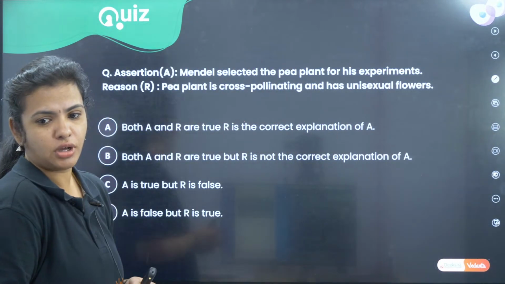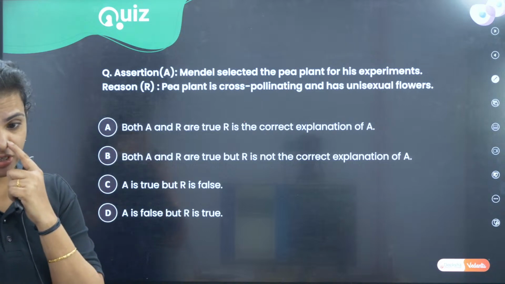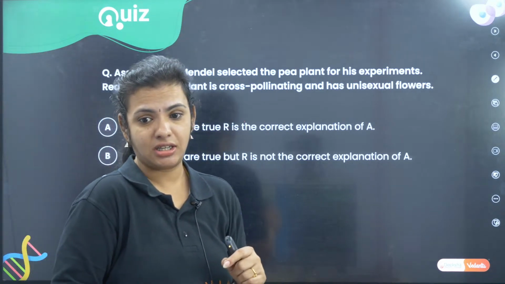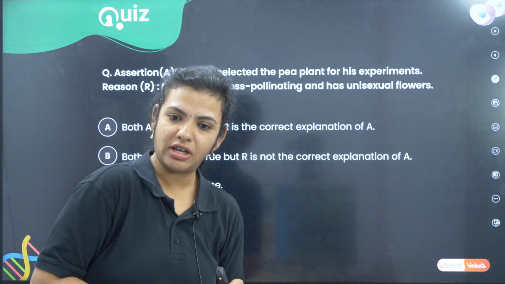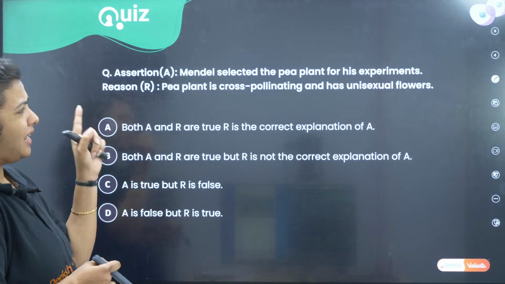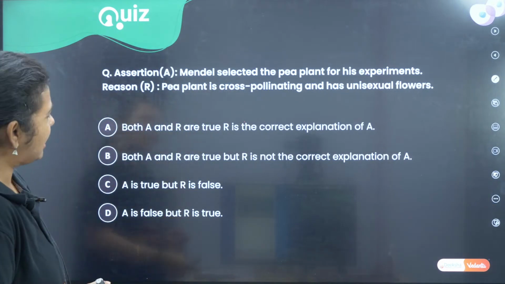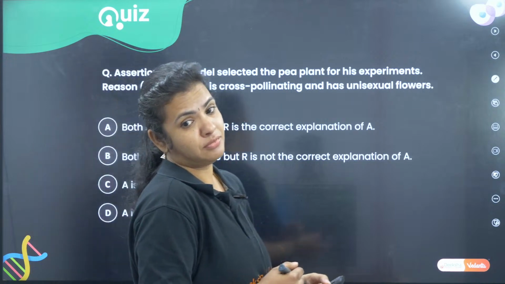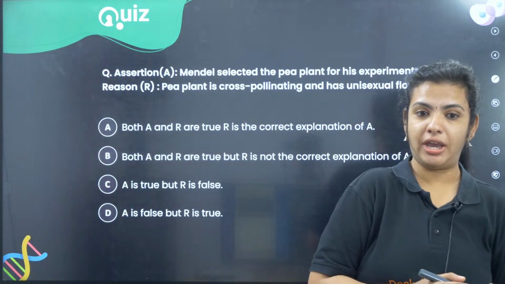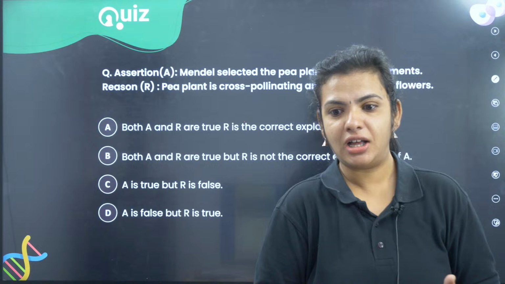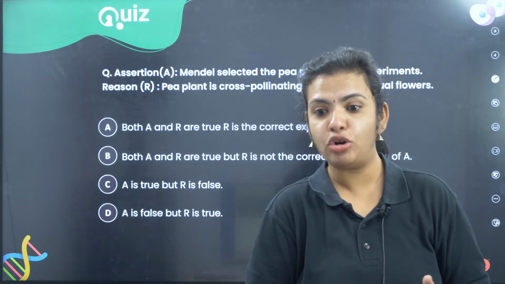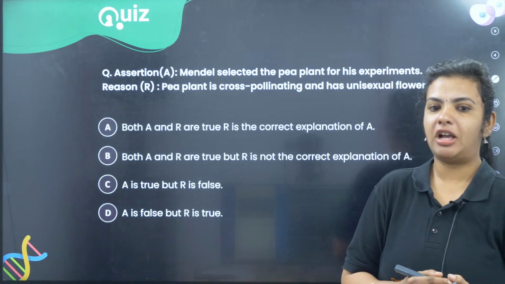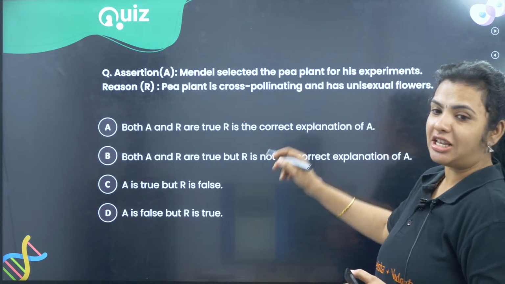Alright, so all of you have given, I think Ifra has given a different answer, but Purvika has typed twice. Okay. Mendel selected the pea plant for his experiment. Is it right? Okay. But Ifra has, Purvika says it is wrong. According to Purvika, Mendel did not select the pea plant.